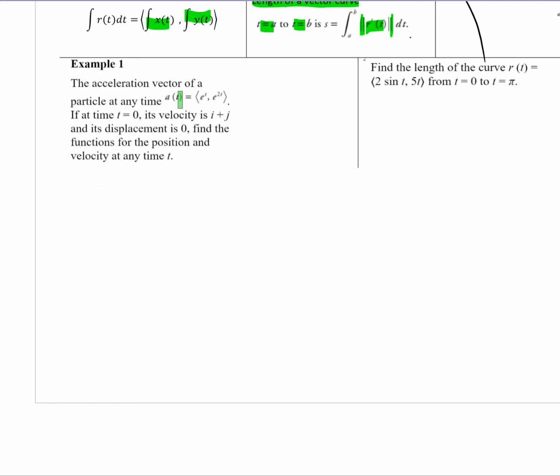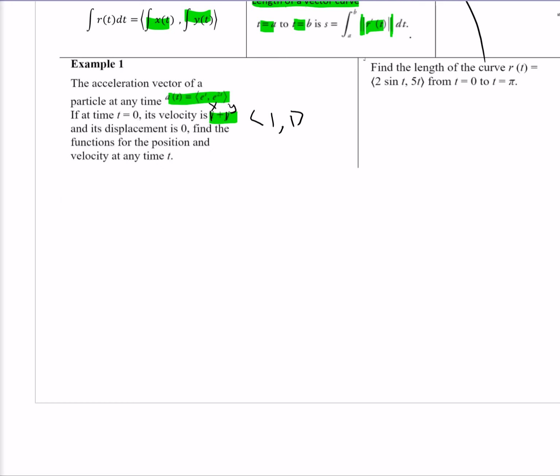Okay, so let's do some examples like this, right? We are given the acceleration vector is e of t, and the x piece is e to the t, the y piece is e to the 2t. At time t equals 0, its velocity is i plus j, which all this means is 1, 1, right? This is 1i, 1j. This is like the x piece, the y piece. Its displacement is 0. Find the functions for the position and the velocity at any time t, right?